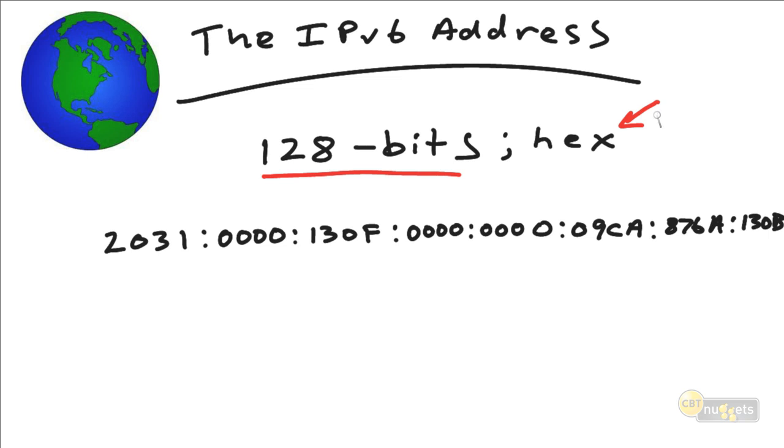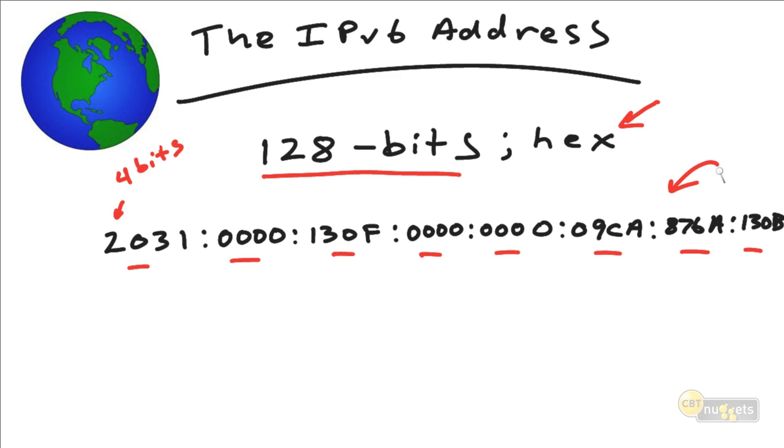Now, there's a couple of tricks that you want to know with the addressing. First of all, let's just quickly review. Each of these characters is a hex character, and each of those is going to represent 4 bits. So we've got 8 16-bit sections that make up an IPv6 address. Now, notice the address is pretty long and pretty ugly, even though it's in this efficient hex representation.